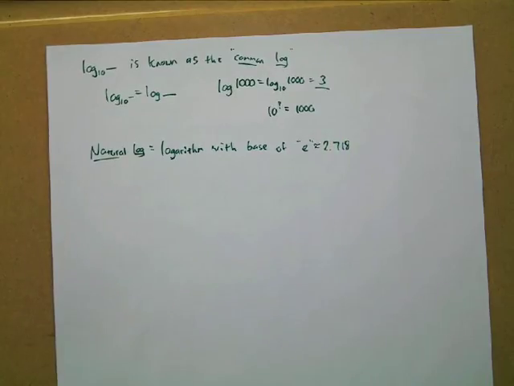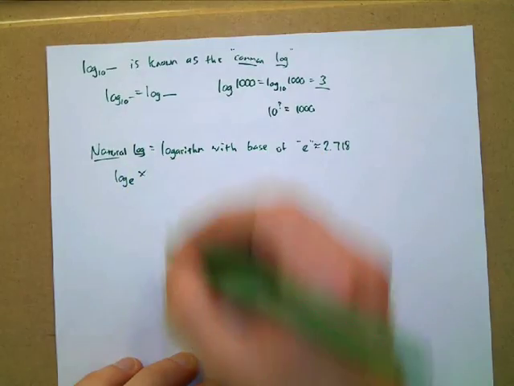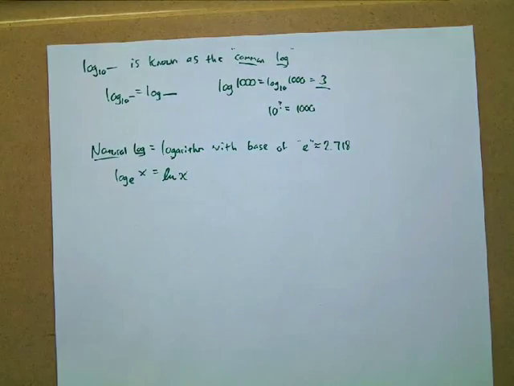So log base e of x is usually written as the natural log. You see that written as a cursive L, cursive N, and then an x. Or if you want, you can just write ln of x, or x^2, whatever. Again, no base is given, but it's really base e.